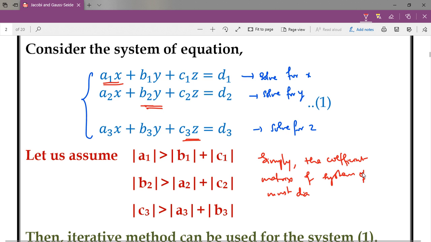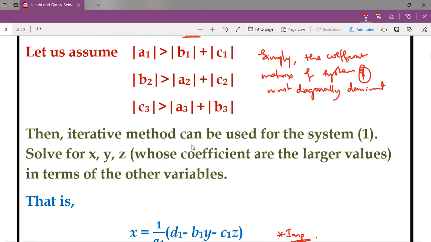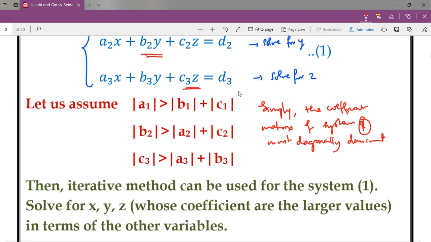So the coefficient matrix of system 1 must be diagonally dominant. That means all the diagonal elements are much larger than the other two entries. Then the iterative method can be used for system 1.